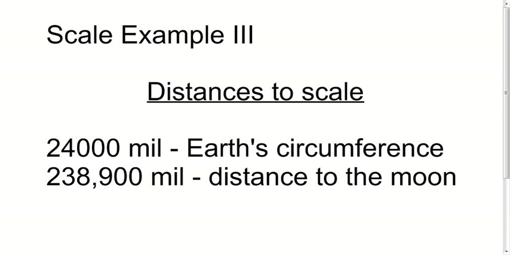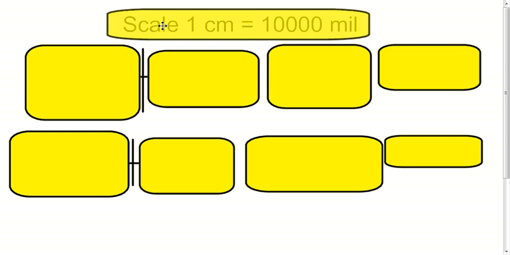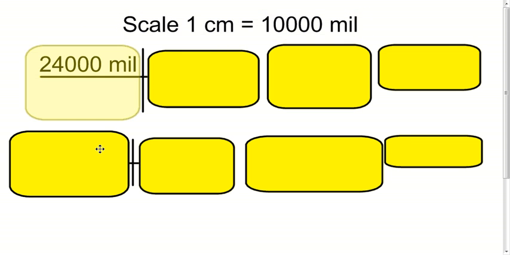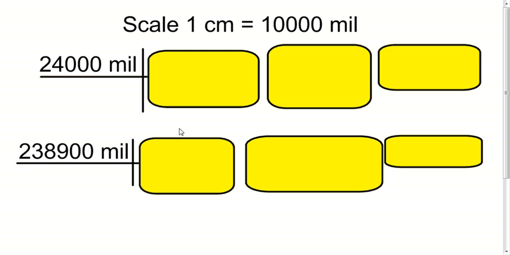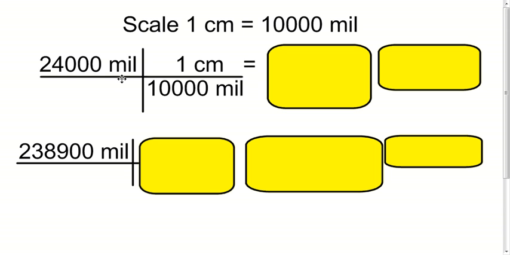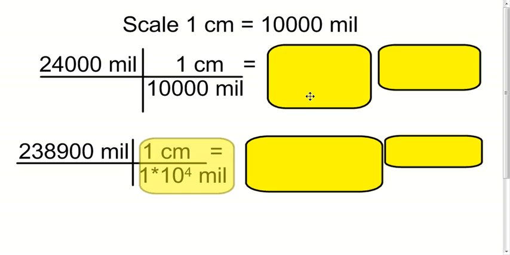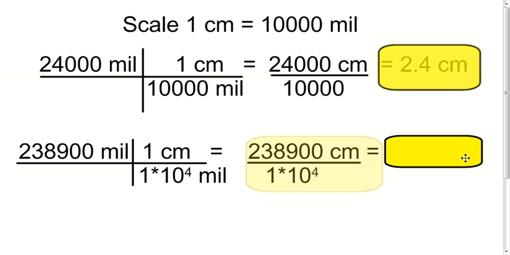24,000 miles. It's roughly the Earth's circumference, and the other one's the distance to the moon. And we're going to scale them. So there's our scale. First thing we do, we put them on brackets, and we put our scalar factor on, like units diagonal, multiply across, and then divide.